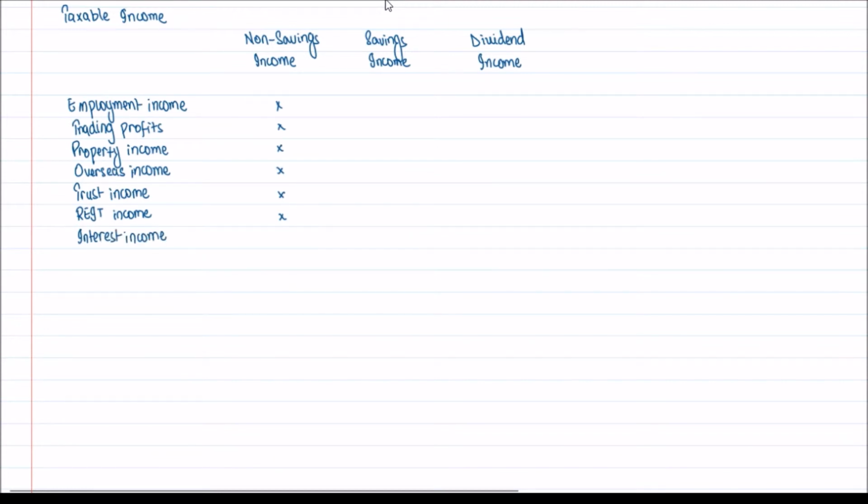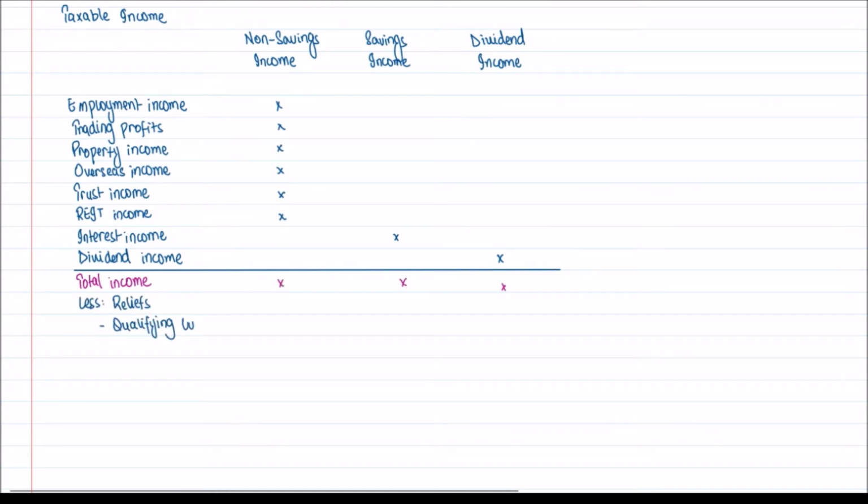Then interest income is savings income. And dividend income, obviously, will go to the dividend income head. Total income is just the sum of all these incomes. From total income, qualifying loan interest and loss relief are deducted. After deducting the reliefs, we arrive at net income.